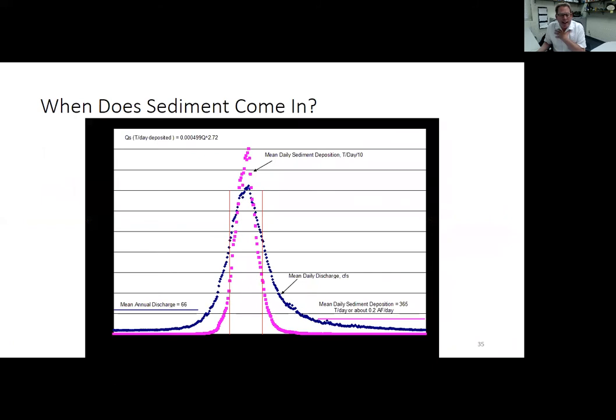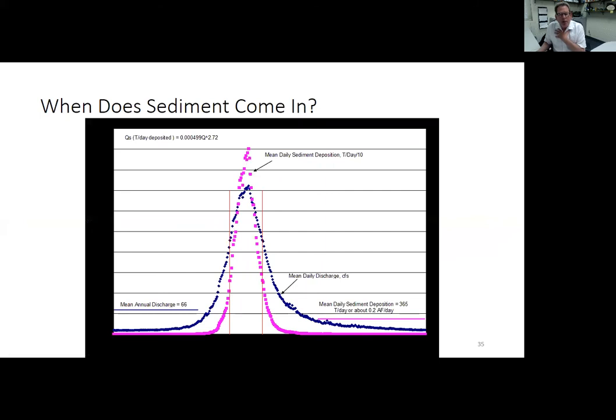Shown on the x-axis is a 12-month period beginning in January and ending on the right in December. And on the y-axis are 2 values. One is mean daily discharge in what appears to me to be dark blue. And the other is mean daily suspended sediment in tons per day divided by 10.